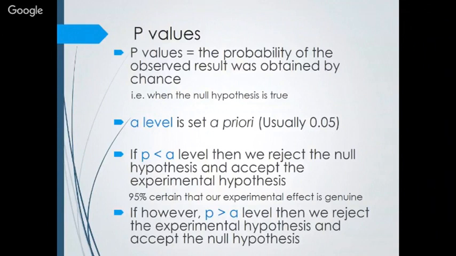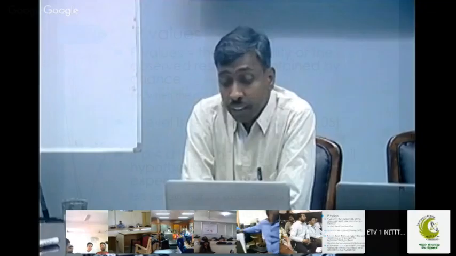Sometimes, due to deficiencies in the sample or experimental conditions, a difference may show in the results, but we have to test whether the difference shown is actually not due to chance. That is when the null hypothesis is true.